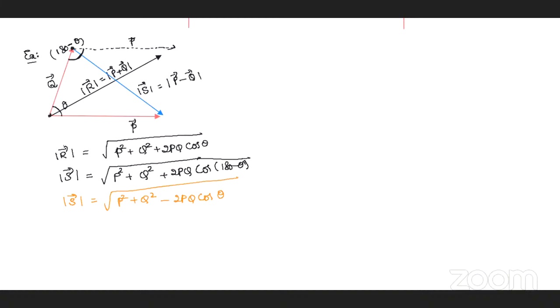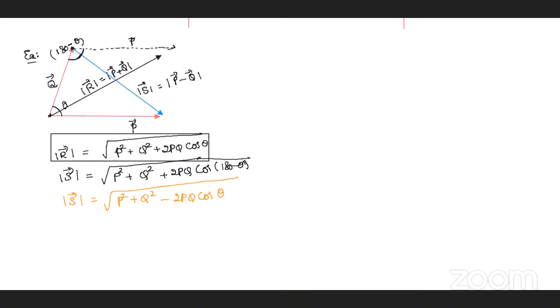Try to remember this one. This is the addition of two vectors, one formula we got here, and this is the subtraction of two vectors.